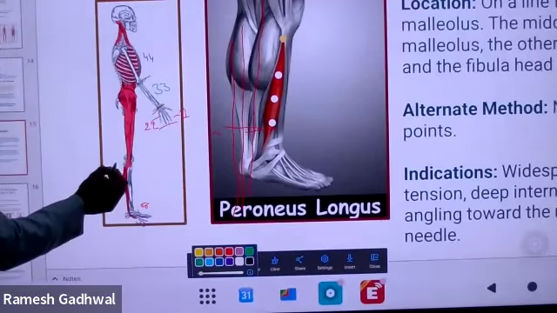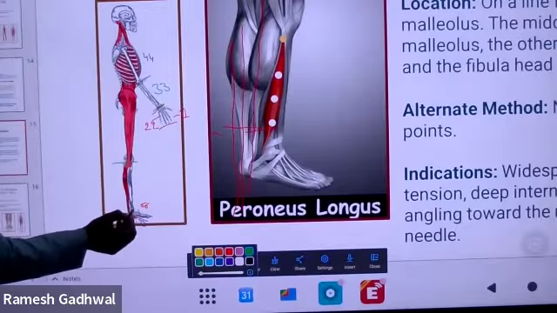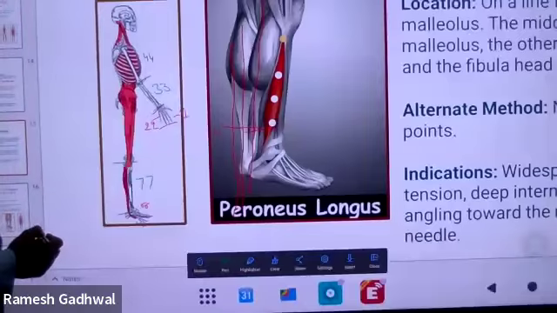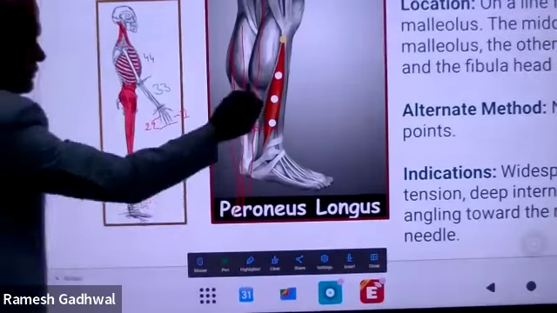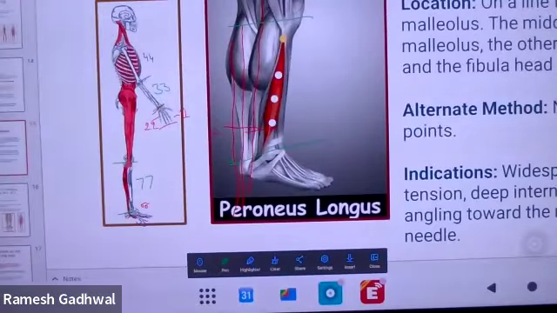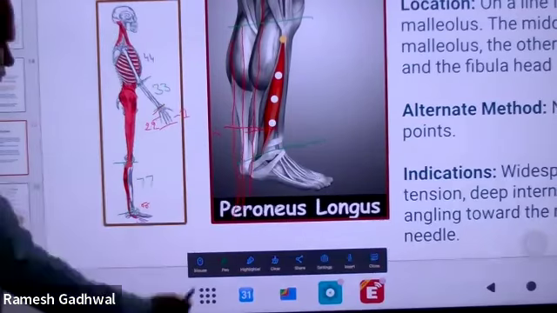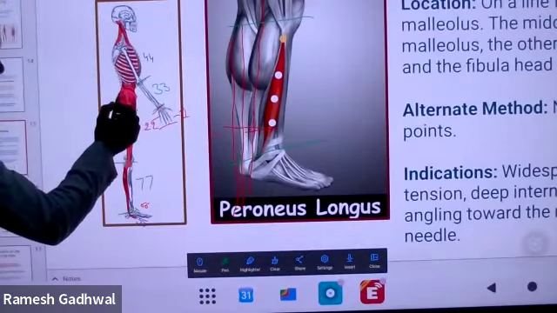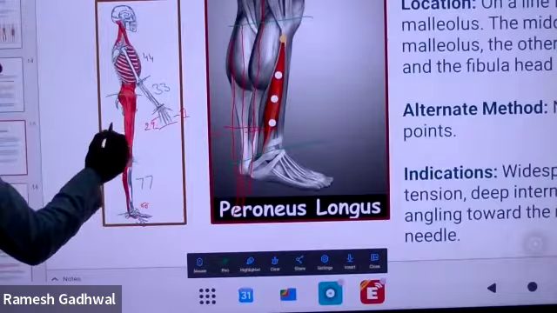Then the lower leg, 77. Now these points are on which area? 77. Then the knee to hip area, it is 88.